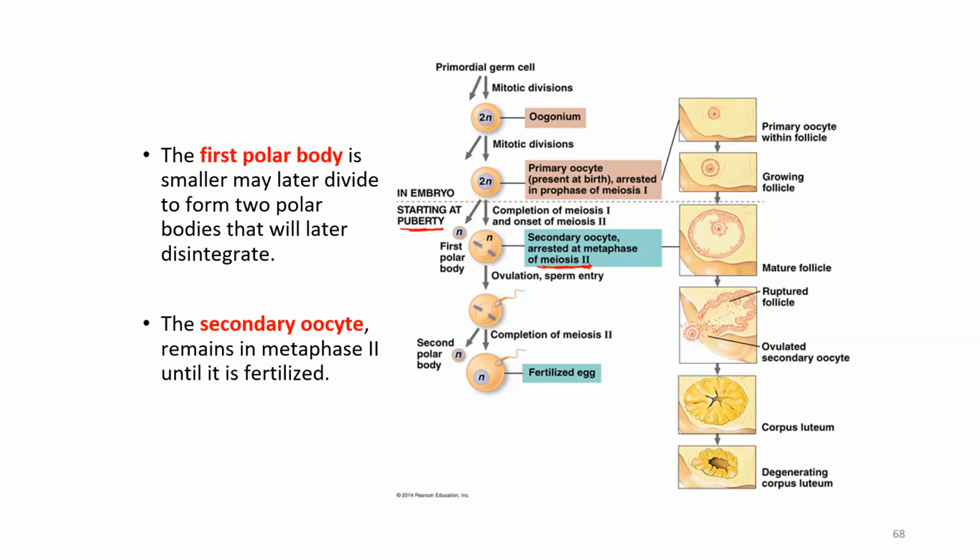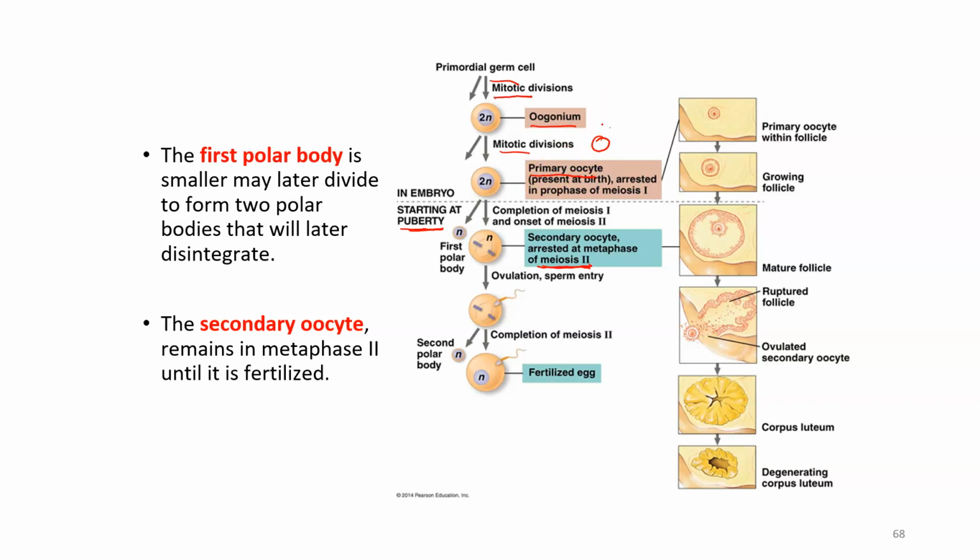The ovary in the embryo of the baby will undergo this process. First through mitosis by the primordial germ cell, then it undergoes mitosis to form oogonium, and then mitosis again. So the follicle in the ovary of the baby will contain only primary oocyte.